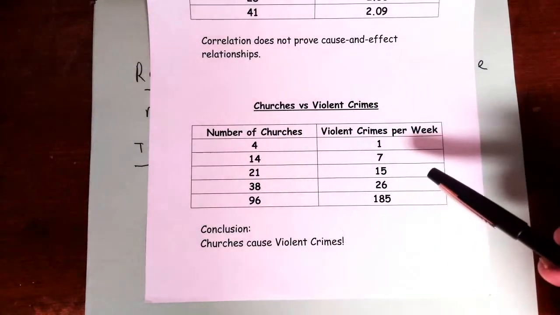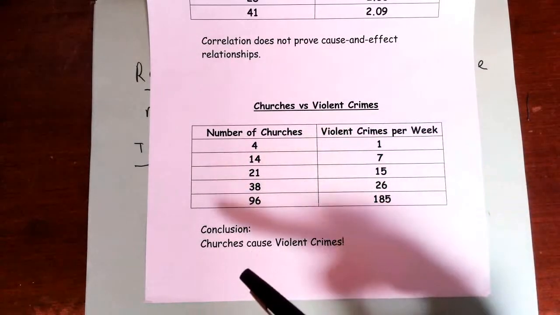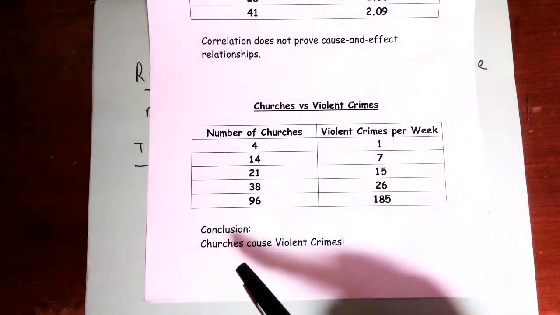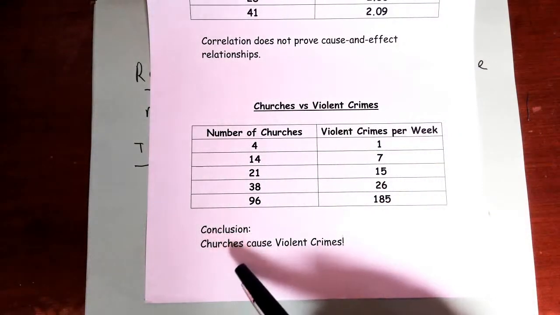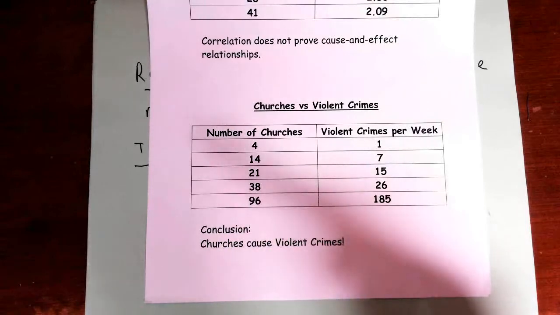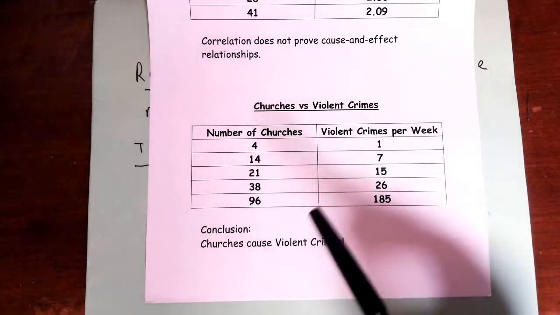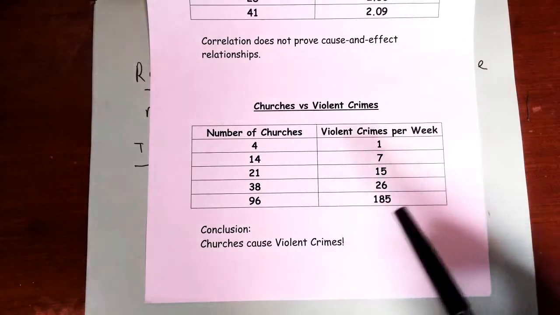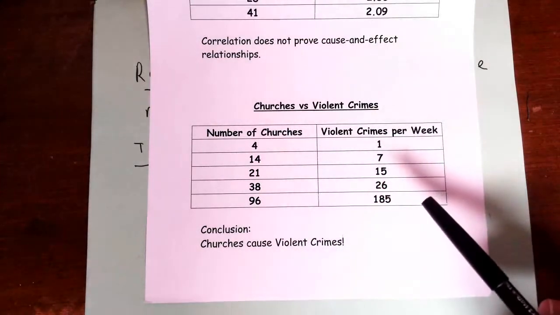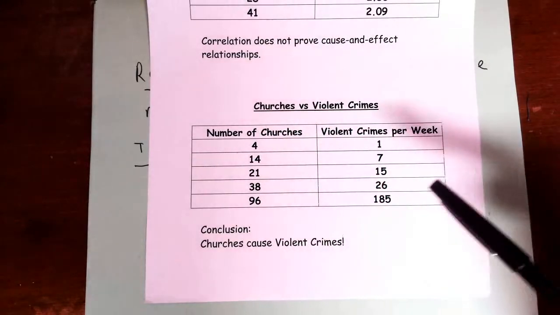Okay? So now this researcher here, what would you think if he turned around and then published the results of his study and he claimed that churches cause violent crimes? Okay? In this case, you know that's a mistake, and the reason you know that is because you actually understand what the relationship is that's causing the positive correlation.